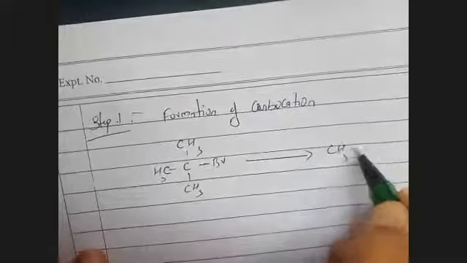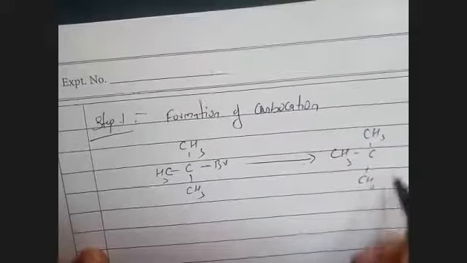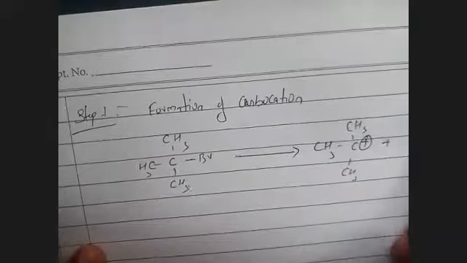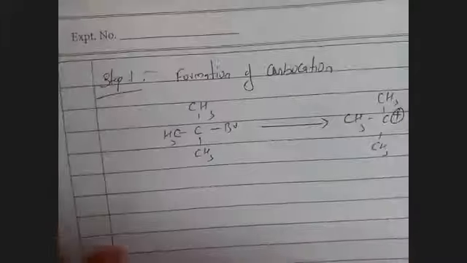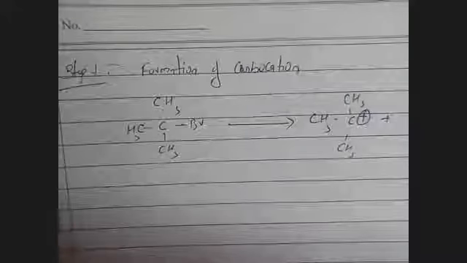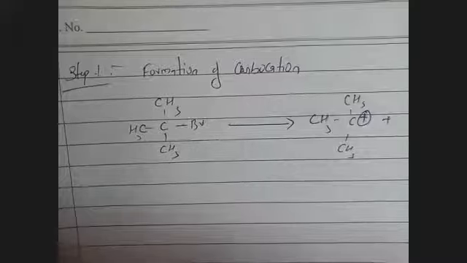How does the carbocation form? What do you mean by carbocation? The carbon which carries a charge is called a carbocation. This is the formation of carbocation. A carbon which carries a plus charge upon it is called a carbocation.